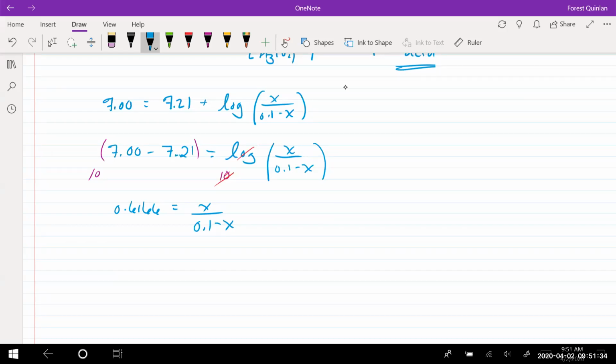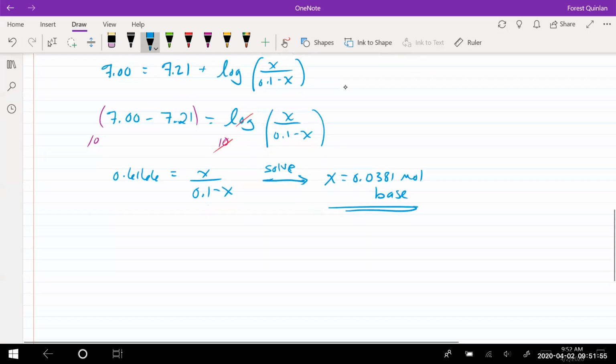Not really worrying about it, we're just going to say solve. X equals 0.0381 moles of base. Remember, this is in moles. So now we have to figure out the actual volume of that.